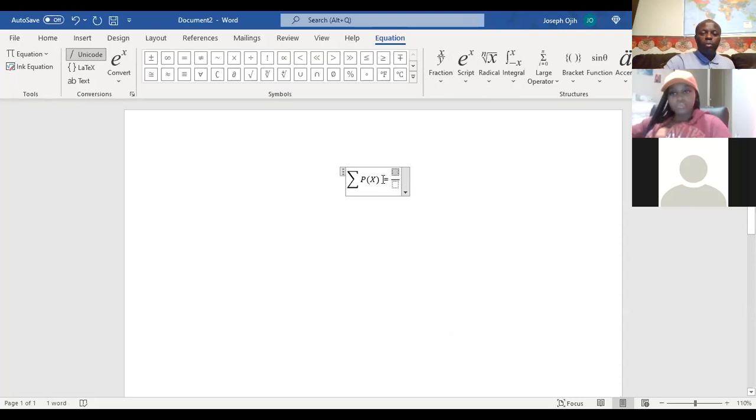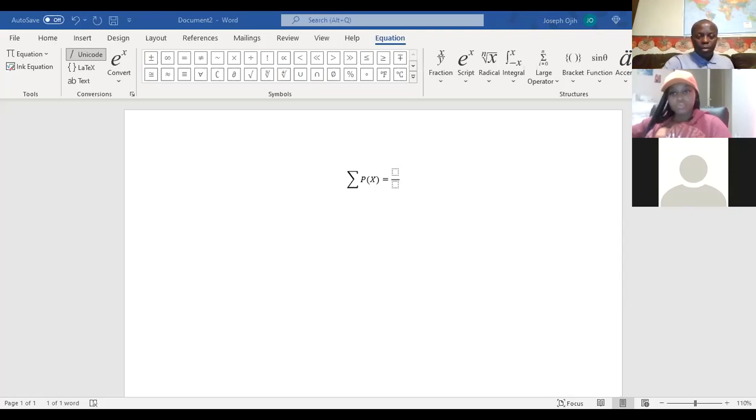In order not to waste time, let me put it this way. The sum of P(x), what I need, becomes equals 1 over 5, plus 1 over 5, plus 1 over 5, plus 1 over 5.